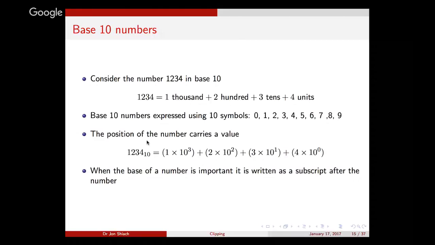So you can see the pattern. Starting at the right-hand side, you've got the base, which is 10, to the power 0, and then you just add 1 to that power as we go a digit to the left. That's base 10. That's what you've been counting in.